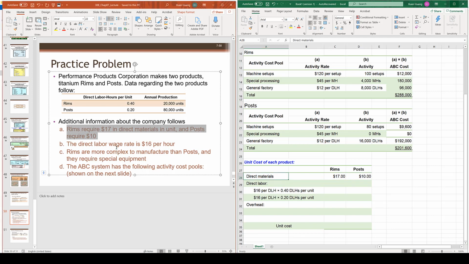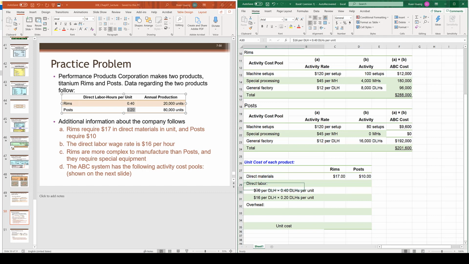For direct labor, the direct labor wage rate is $16 per hour. For rims, each unit requires 0.4 direct labor hour, and for posts 0.2. So we can calculate unit direct labor cost using the direct labor wage rate multiplied by the direct labor hours per unit used for each product.